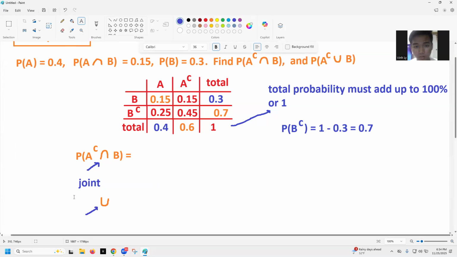The union, we take all the members without overlapping. This is what we call the union. So the joint probability just simply takes the intersection between the B and AC. The B and AC, so we get the answer, which is the joint. That would be 0.15, correct? Just take the joint for that.